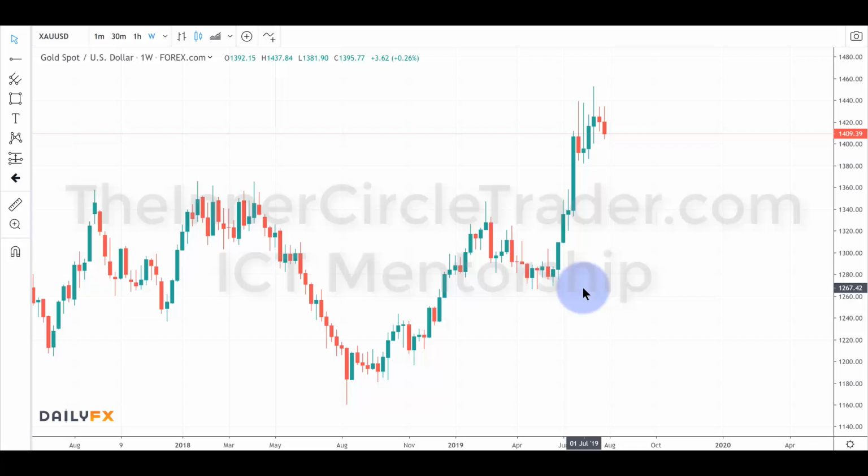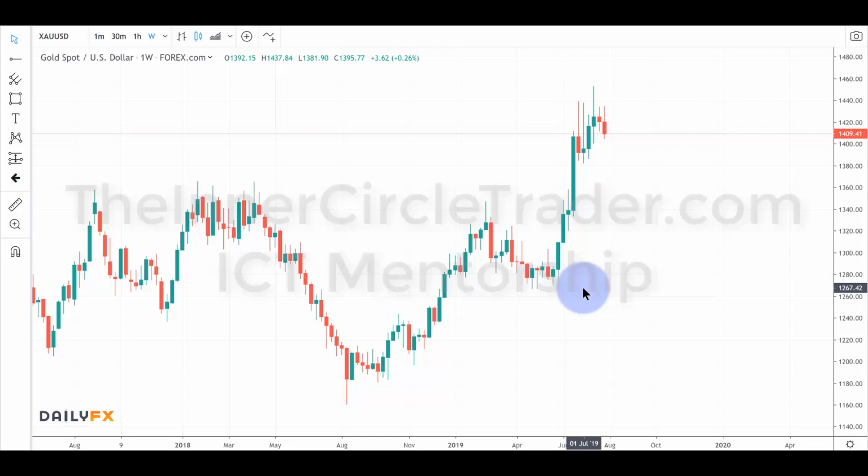But nonetheless, this is the supplementary idea for model number 6, just applying it to a weekly chart. Nothing new is needed. All we're doing is applying what we've been taught in the original presentation and just applying it to a weekly chart.